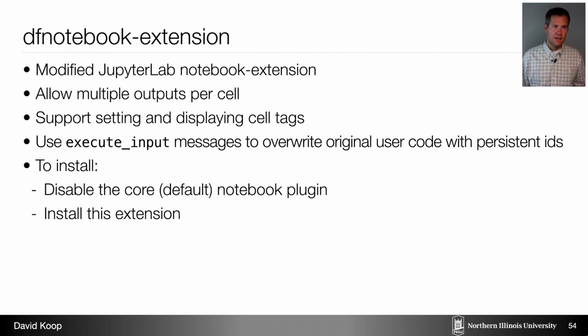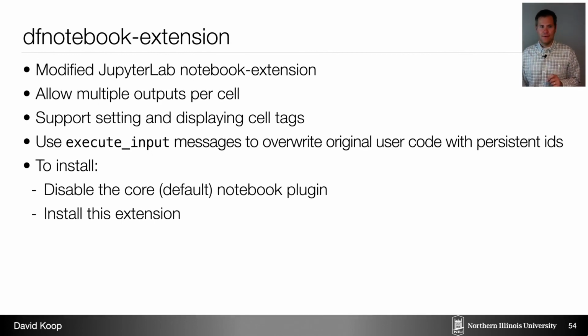On the Jupyter side, we have the dfnotebook extension. So this basically takes the core standard notebook extension and modifies it to allow multiple outputs per cell that are tagged, supports setting and displaying cell tags, and also uses the execute input messages sent back from the kernel to actually overwrite the original user code with these persistent IDs so that they get stored in the notebook ipynb files.